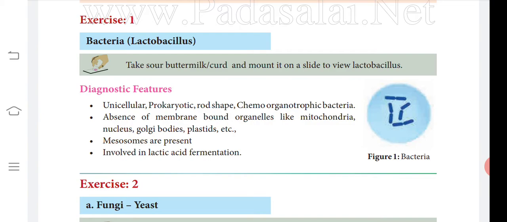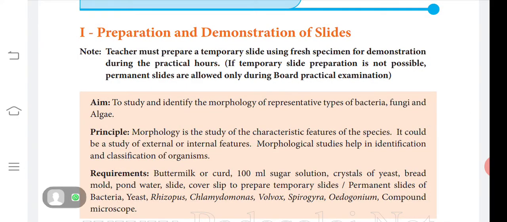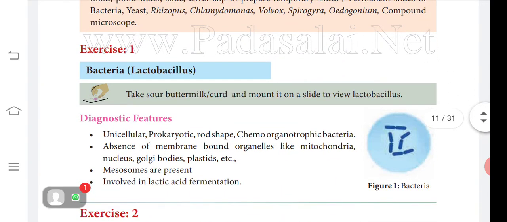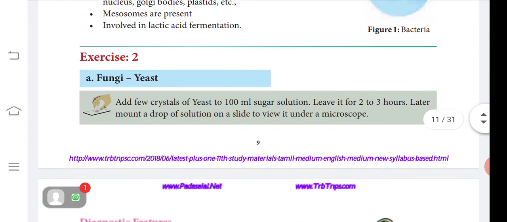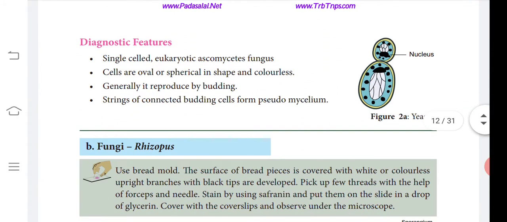Follow? So we have completed 2 pages now. First page, preparation and demonstration of slides, aim, principle, requirement. Second page, exercise 1. Next, moving on to the third page, in the same way you have to write the exercise number, heading, underline, diagnostic features, underline. That's all.